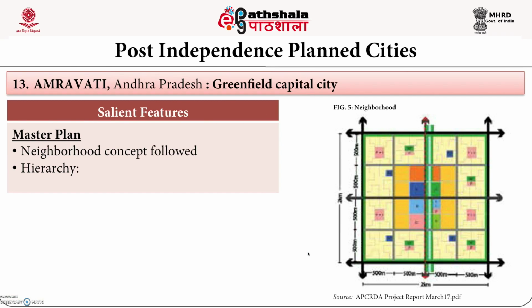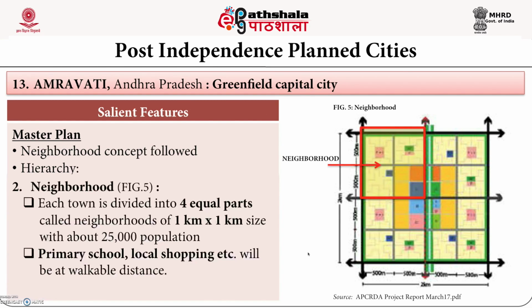And then we come to the next aspect of Amaravati, that each town is divided into 4 equal parts called neighborhoods. That means each of these 27 towns of this 2 kilometer by 2 kilometer grid was divided into 4 equal parts of 1 kilometer by 1 kilometer with a population of 25,000.